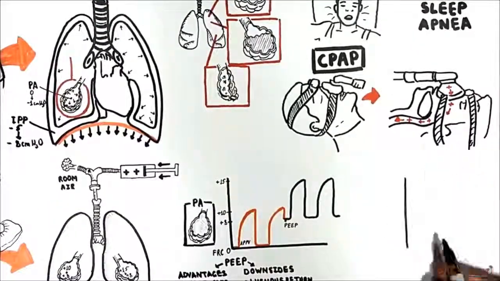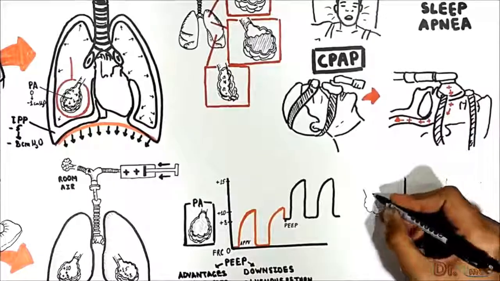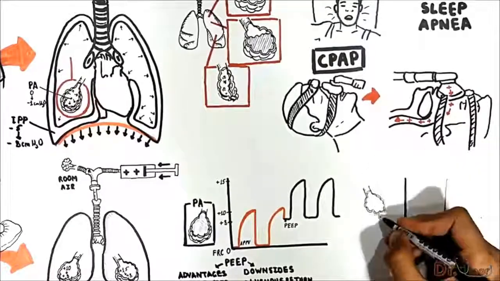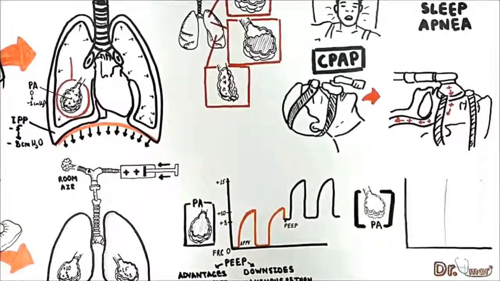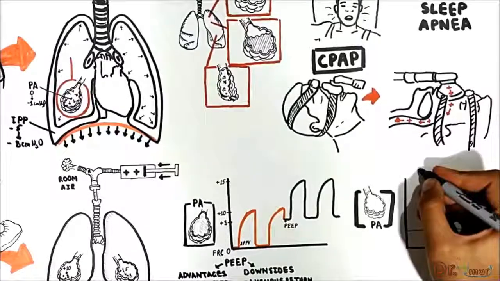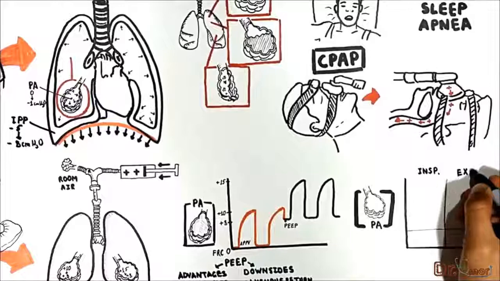Let me draw here a graph and see how it works. On the y-axis we have alveolar pressure, and I will divide the graph into two parts, inspiration and expiration.